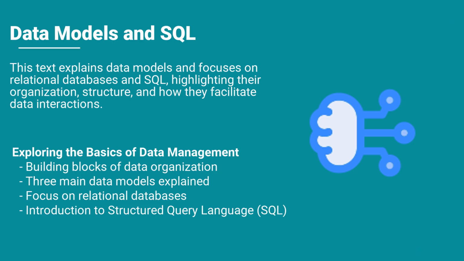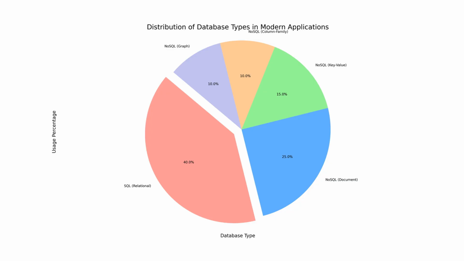So let's focus on three main types of data models: hierarchical, relational, and object-oriented. Now, as we flip over to relational databases, which is our primary focus, let's dive into SQL, the structured query language. This is the language that lets us interact with data in relational databases like Postgres. It's really exciting once you get the hang of it.